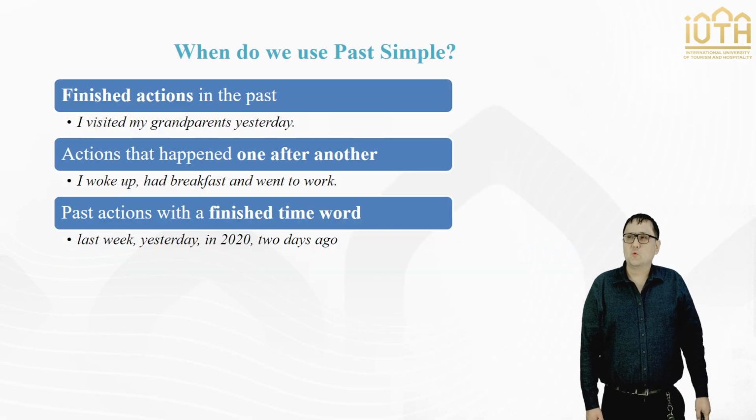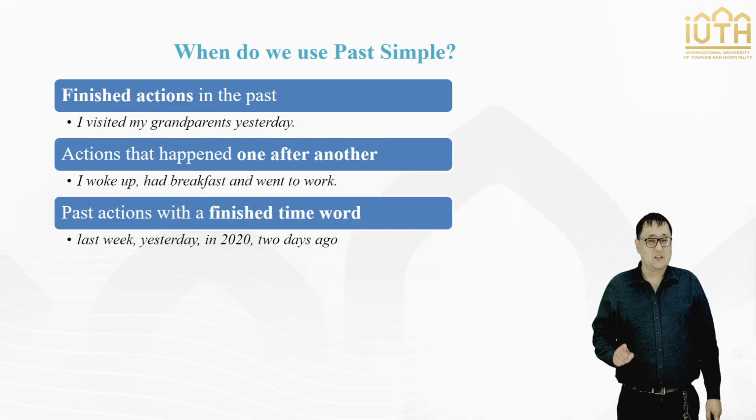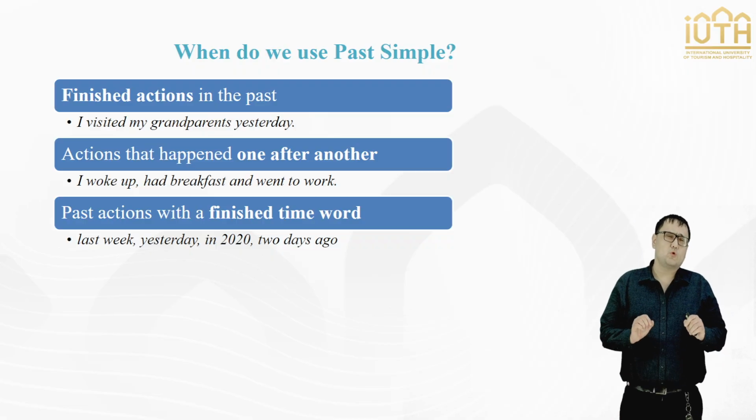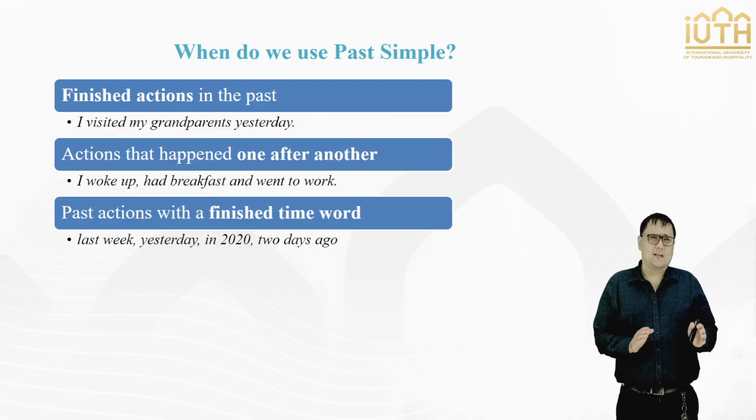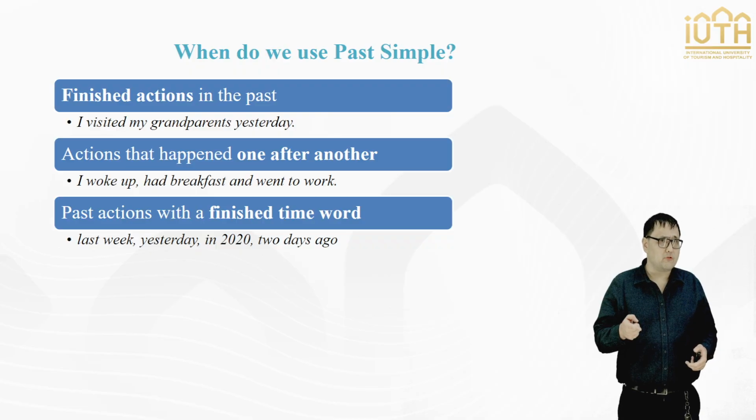So, when do we use past simple? This slide's title is so. It means that here I will begin to explain today's grammar theme. Today we will consider past tenses, and you have to keep in mind that not just past simple can give information about actions which happened in the past, but also present perfect can.